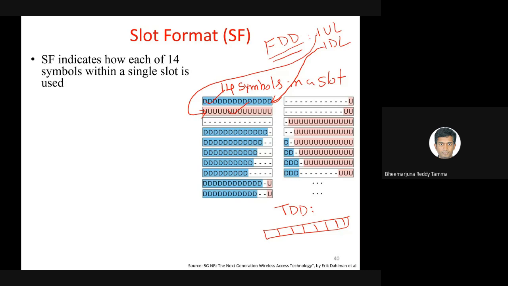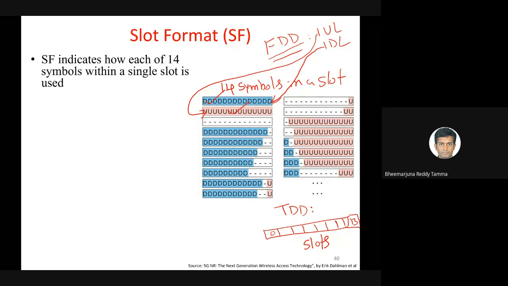But in this slide, all of them are symbols, 0 to 13, and I can have multiple different ways. Some symbols in a given slot can be used for downlink and uplink, including the first two configurations where I can configure all of them for downlink or all of them for uplink.